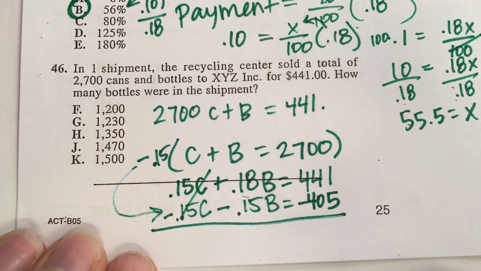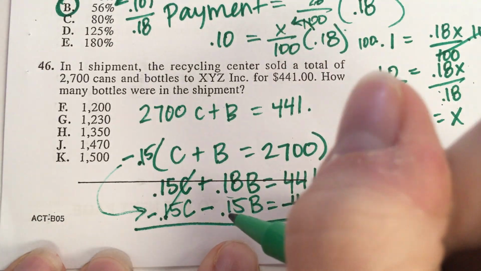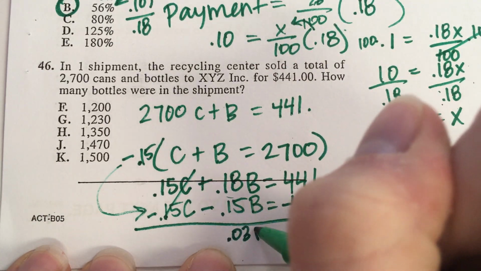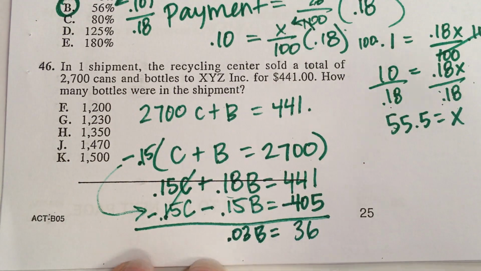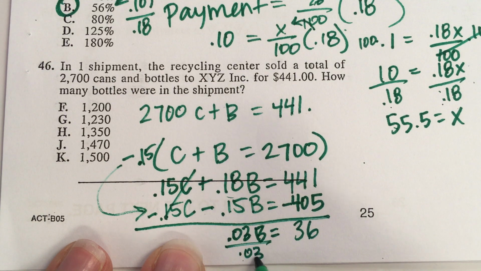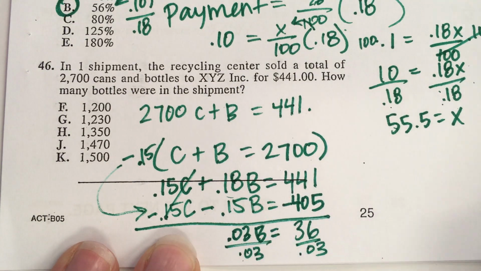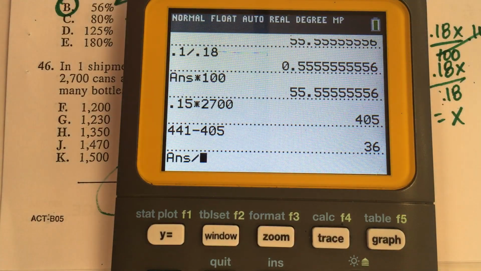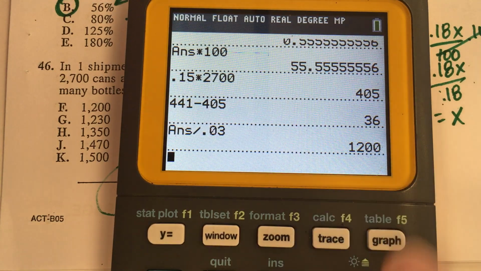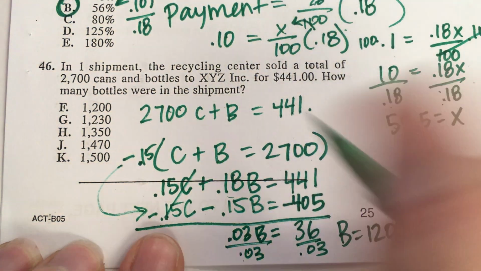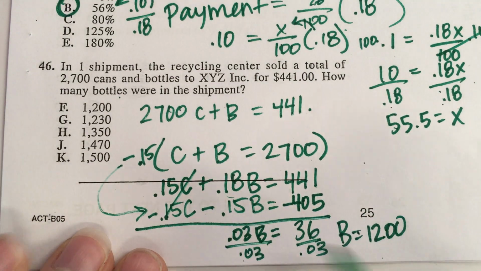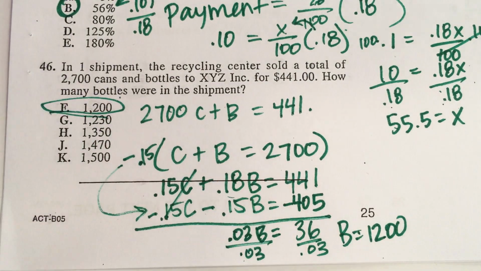That's going to cancel my C's and give me 0.03B equals 441 minus 405, which is 36. Divide by 0.03. 36 divided by 0.03 is 1,200. So B equals 1,200. And they want to know bottles, so I want to know B. So 1,200 would be F.